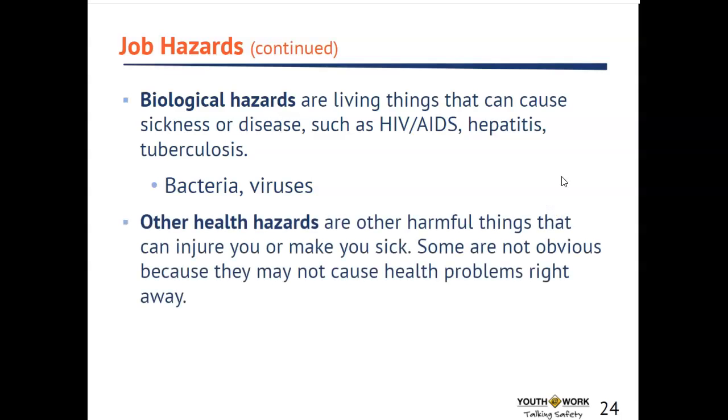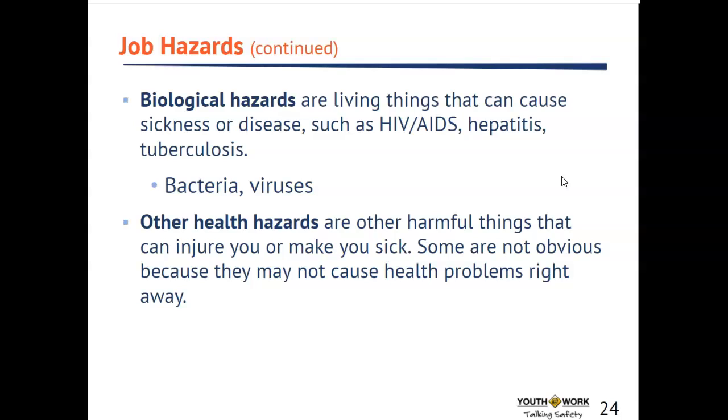And then the fourth category is kind of like everything else. There are other health hazards that can harm you or make you sick. They might not be super obvious because they might be things that happen over time. But these are basically the things that can harm you that don't fit into the other categories. They may not cause you an immediate injury.